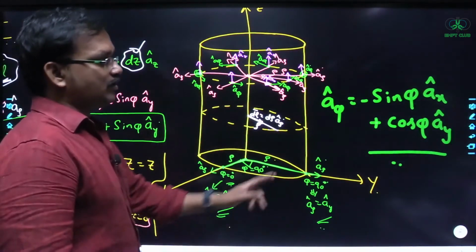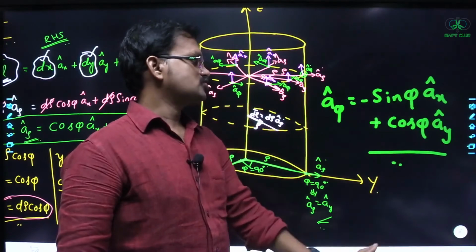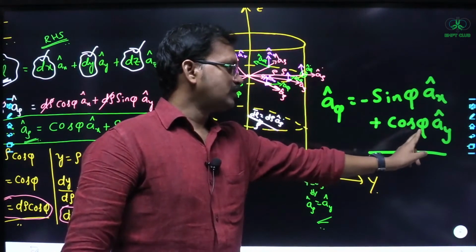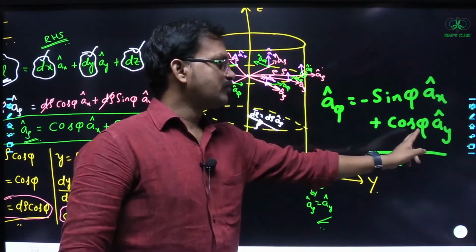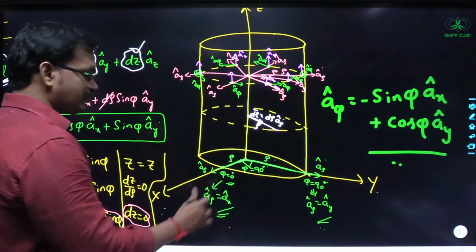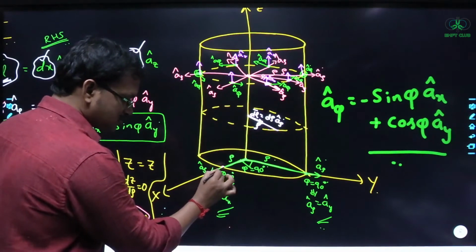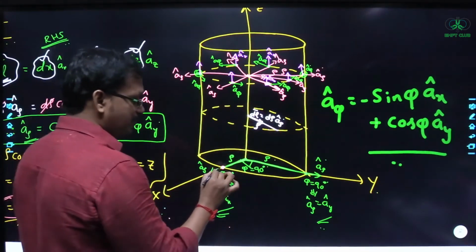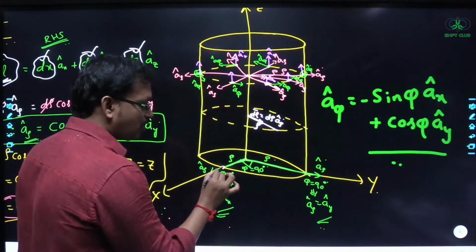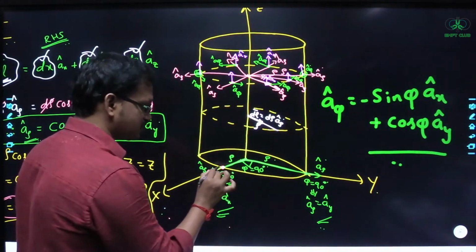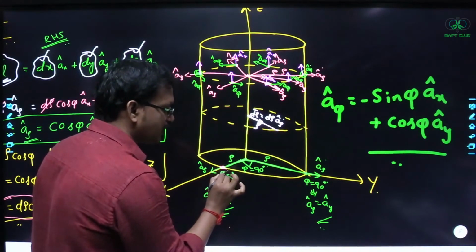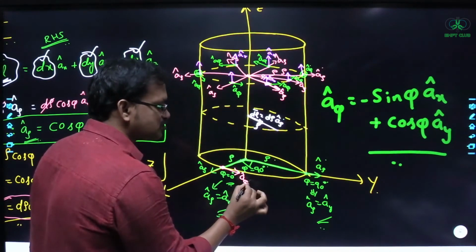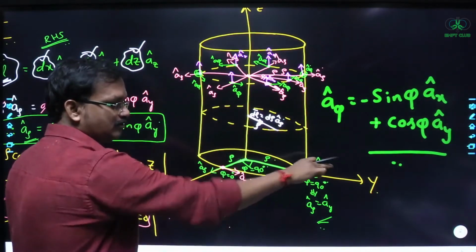When phi is equal to 0, the x component term becomes 0 and cos phi becomes 1. So a phi cap becomes equal to a y cap. At this point phi is equal to 0 degrees. What is the direction of a phi cap? It is the tangent drawn at this point in the anti-clockwise direction. If you draw the tangent at this point in the anti-clockwise direction, it points in the y direction.